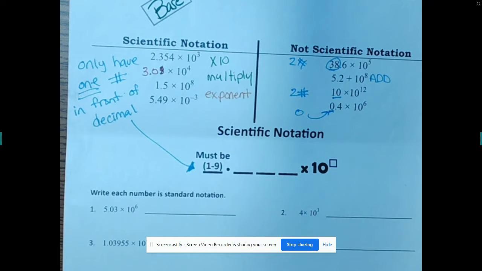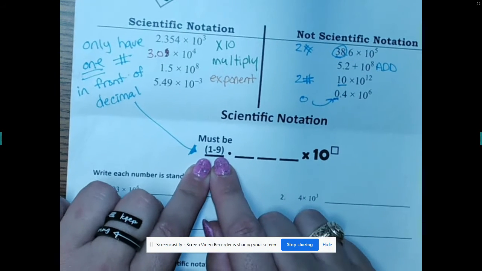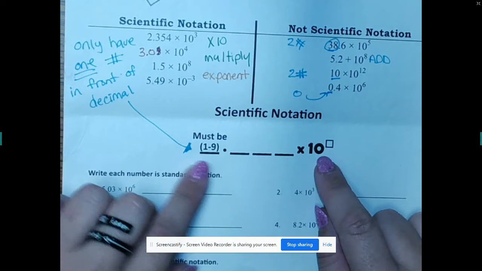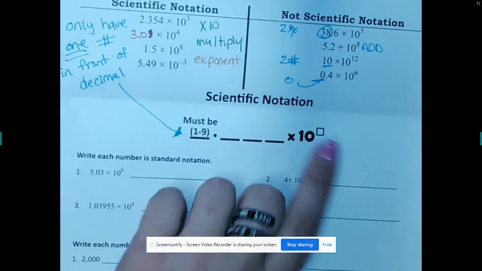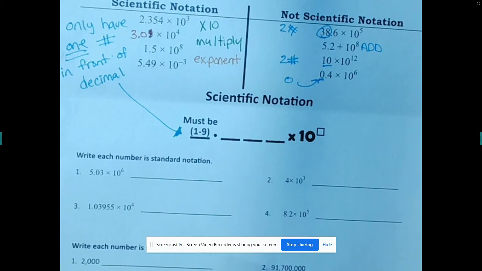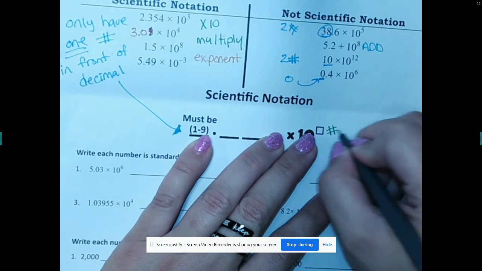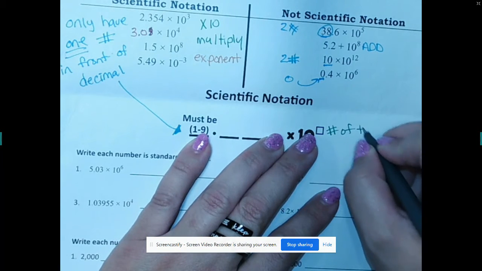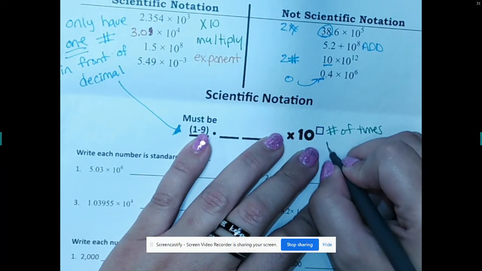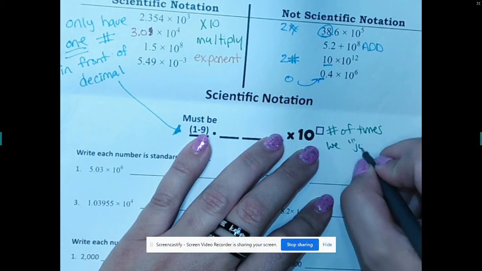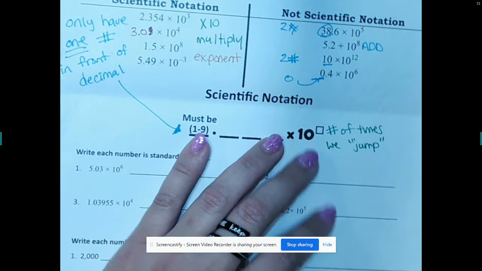Okay? Now to actually solve it, it's super easy. So we know our first digit has to be between 1 and 9. And then we have an exponent. It's always times 10, and we have an exponent. Our exponent tells us the number of times we hop or jump, and I'll tell you what that looks like in a minute. Just for now, write it.